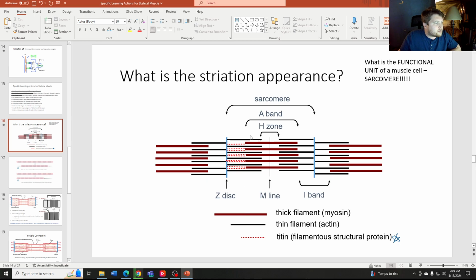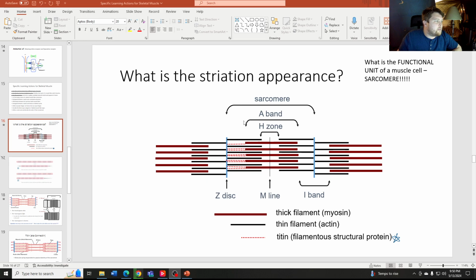The thin filaments, represented by these black lines, are known as actin. Okay? Myosin is thick, actin is thin. We'll dive more into specifically what actin and myosin are in a second, and what their jobs are, okay? So we have the whole thing as a sarcomere.